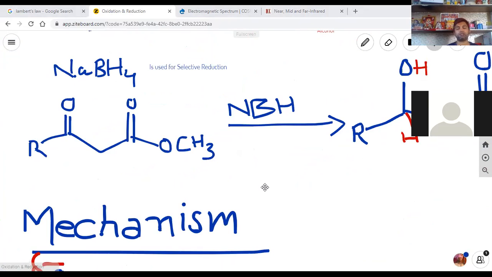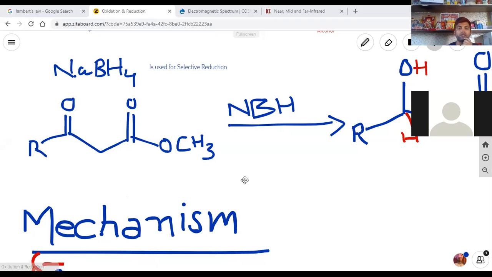Suppose this molecule is given to us, and we have to reduce this one, and this one should remain untouched. So we should use sodium borohydride. If we use lithium aluminum hydride, it will reduce this one as well; both functional groups will be reduced.